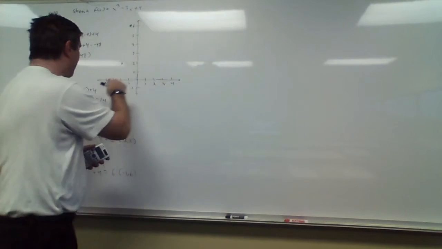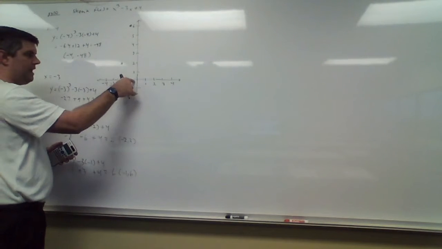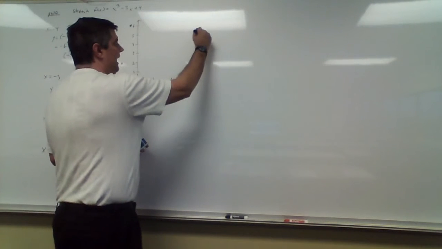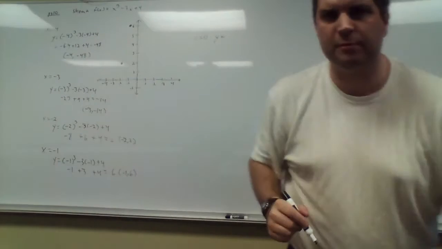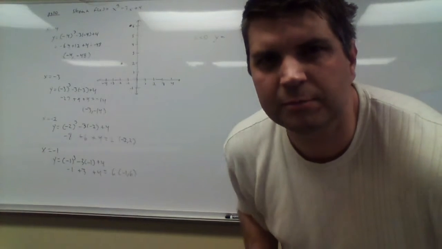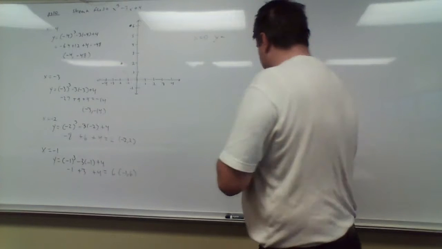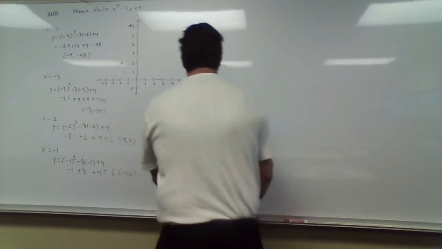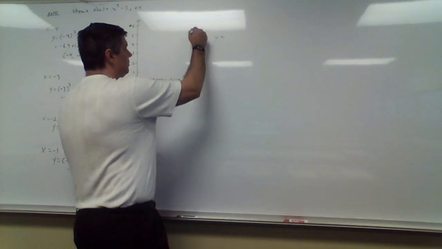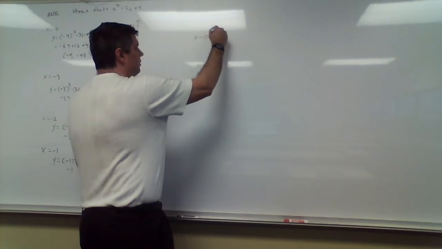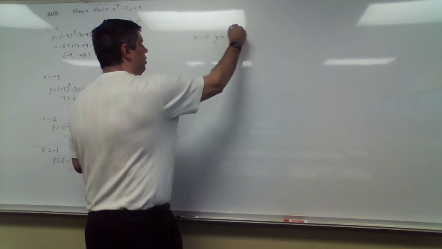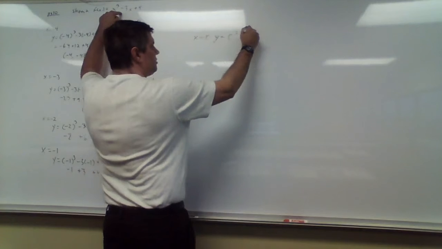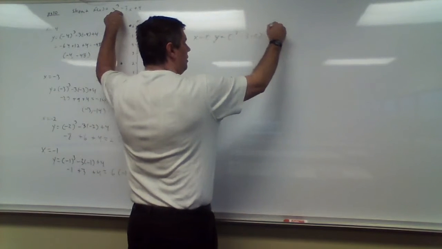So we did negative 4, negative 3, negative 2, negative 1. Now we'll do X equals 0. Y equals 0 cubed minus 3 times 0 plus 4.